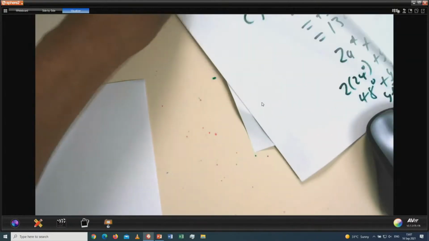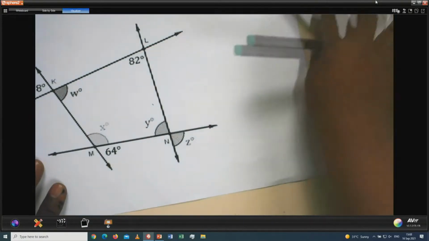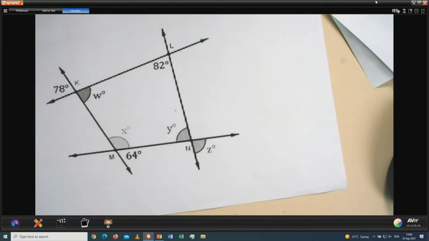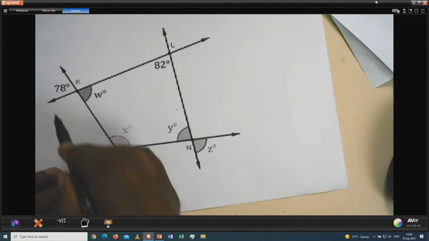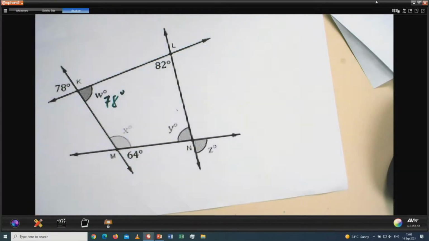Now this will be the last one for the day. We had a long day. Again, what are you given? This is vertically opposite. That is your 78 degrees. Start with what we have.